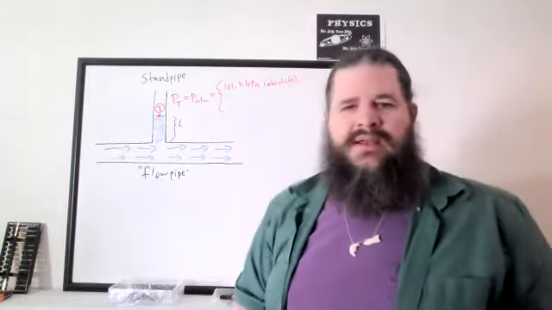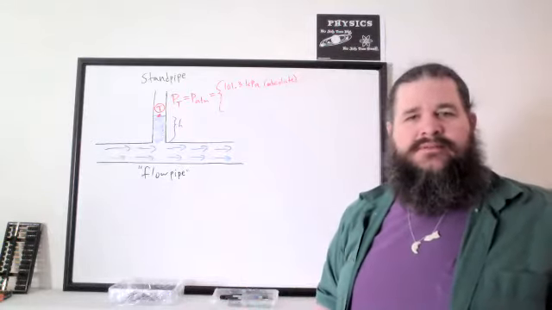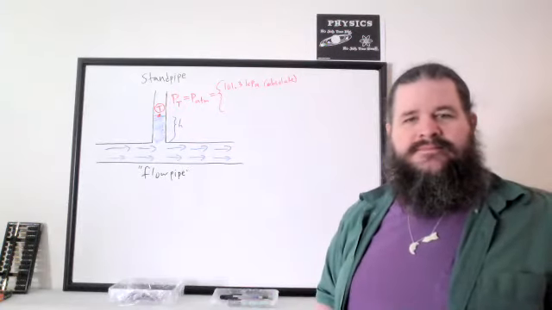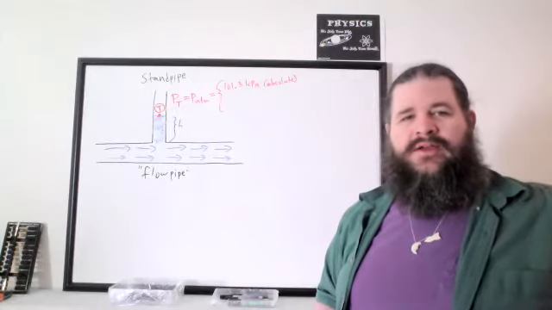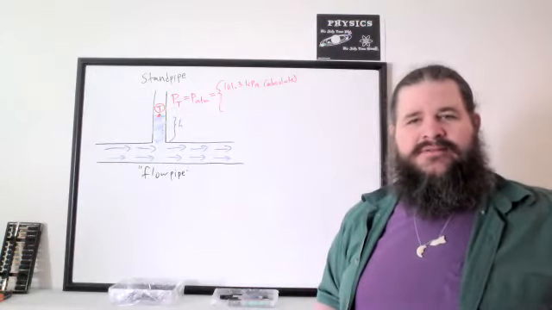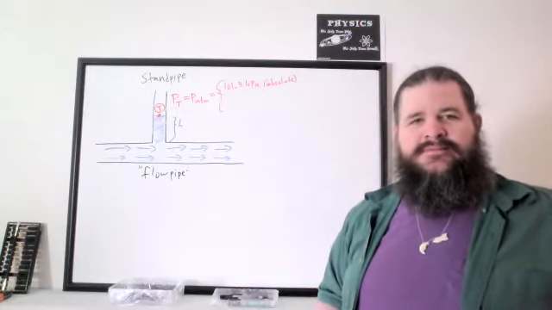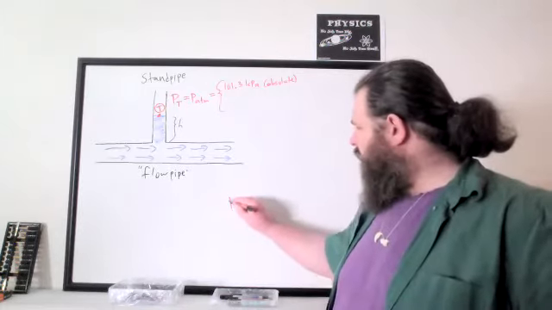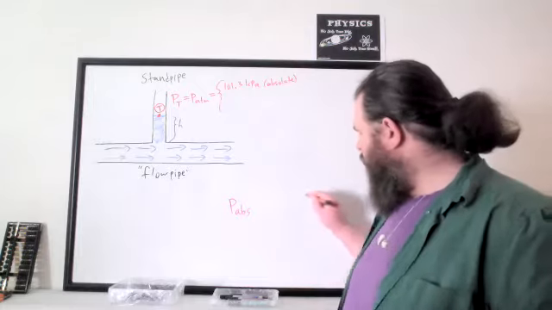Or what would that be in terms of gauge pressure? What would be the pressure of the atmosphere if we're talking about gauge pressure? Do you remember how those quantities are related, the absolute pressure versus the gauge pressure?